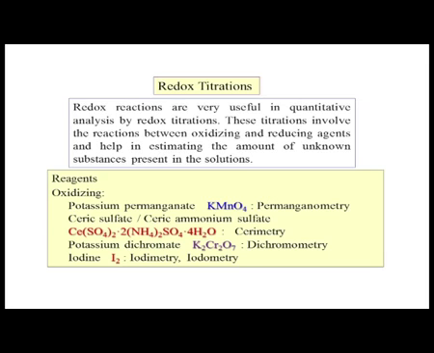So, iodine is weakly oxidizing and KMnO4 is strongly oxidizing. Under KMnO4 we have a series of compounds which can be analyzed. Similarly, using potassium dichromate we can analyze some other compounds.